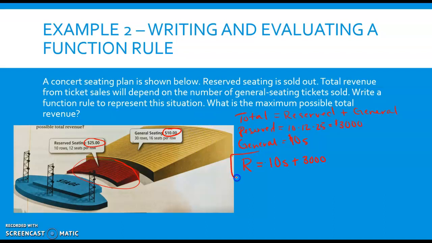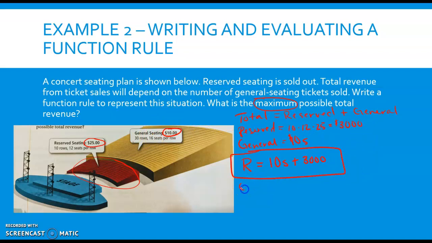And so that is our function rule. Now the second part is that it's asking what is the maximum possible total revenue. Well, to find the maximum possible, that's if we sold every seat. And so then I need to know how many seats in general seating.